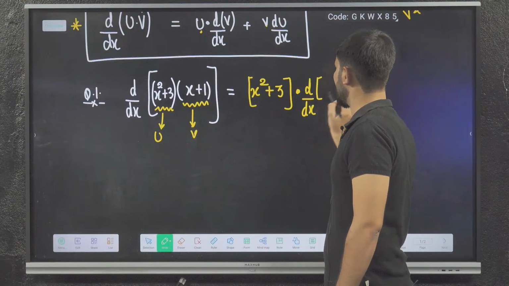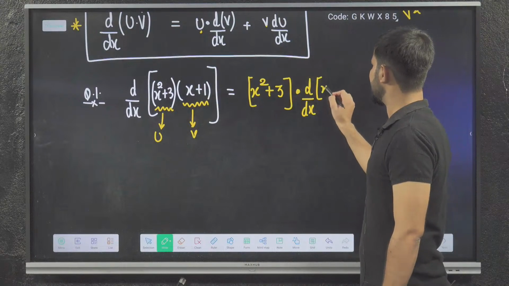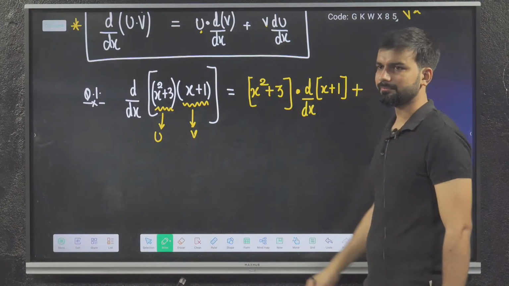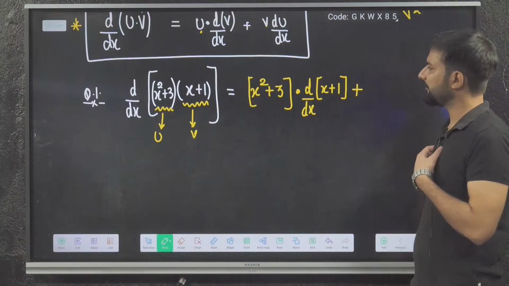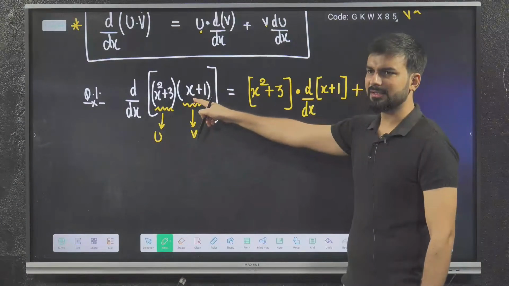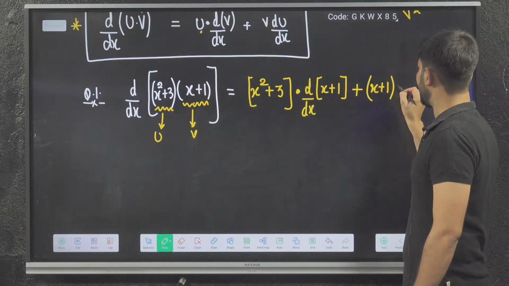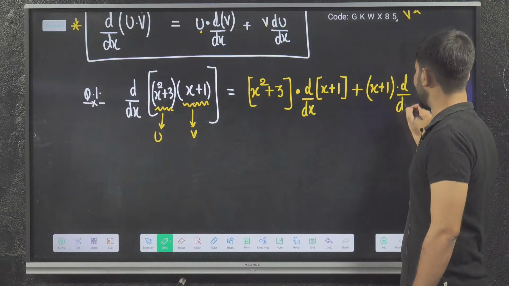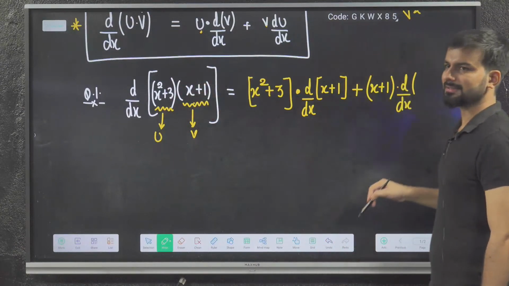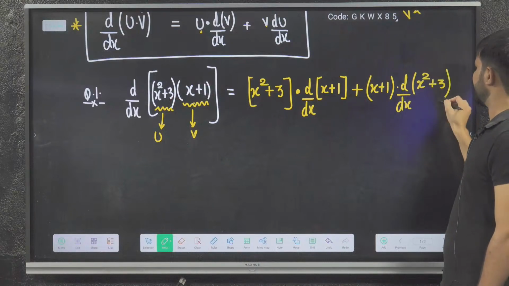What is the second function, beta? x plus 1. Plus second function as it is, x plus 1, into differentiation of first function, x square plus 3.